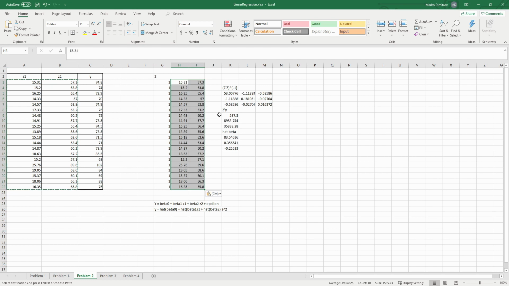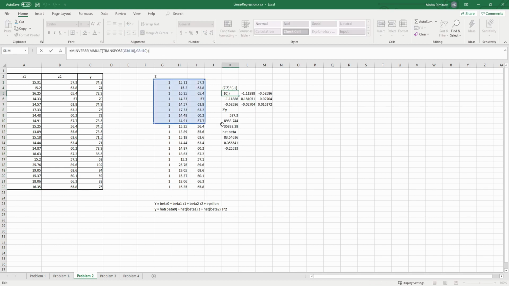So we can just paste the values. So what would be our matrix Z? The whole thing, right? And this you can always select again instead of dragging. Okay, so this is our Z.